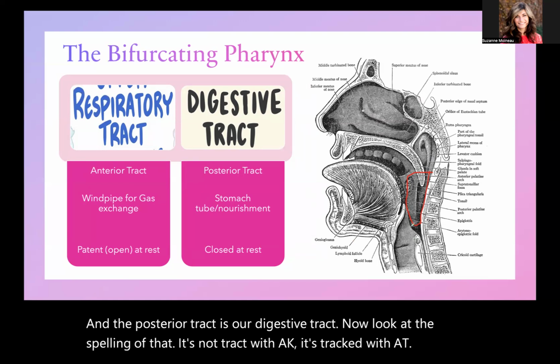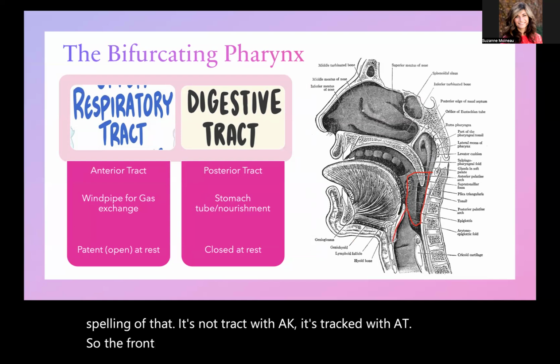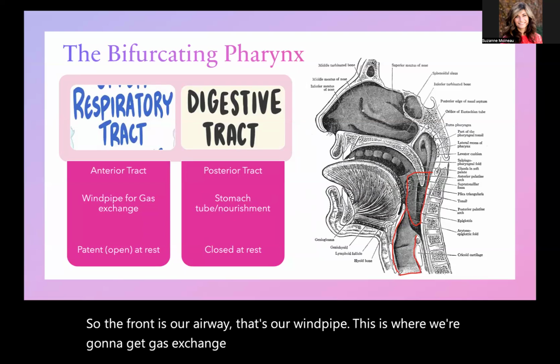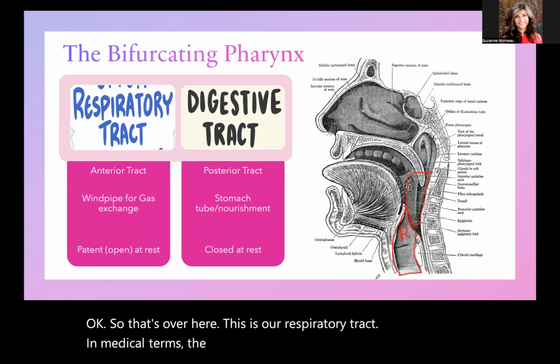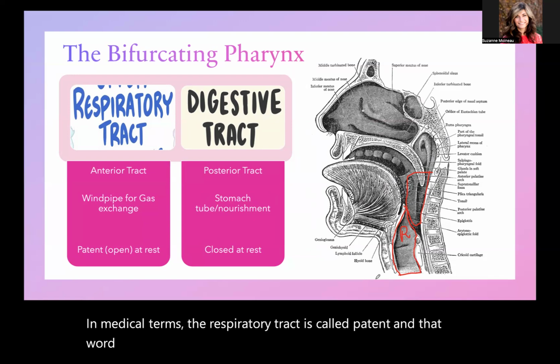Okay, so the front is our airway. That's our windpipe. This is where we're going to get gas exchange between oxygen and carbon dioxide. Okay, so that's over here. This is our respiratory tract. In medical terms, the respiratory tract is called patent, and that word means open.